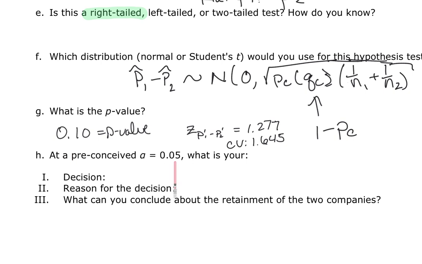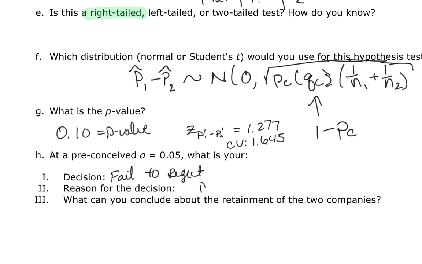Remember, this p-value is larger than this, so we're going to fail to reject. And of course, this test statistic, comparing it to this critical value, this one is between the critical value and the proportion, the mean, the middle part. So the decision is fail to reject.